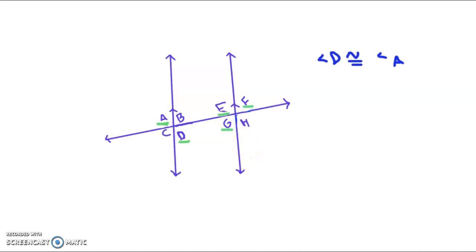So angle D and angle H would be corresponding angles because they are corresponding, or essentially matching, on the plane. So now I'm going to give you another example, and we're going to work through finding alternate interior and exterior angles, vertical angles, and corresponding angles.